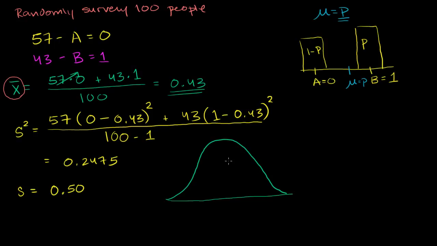And so this is the sampling distribution of the sample mean. It has a mean, and I can denote it with mu sub x bar.